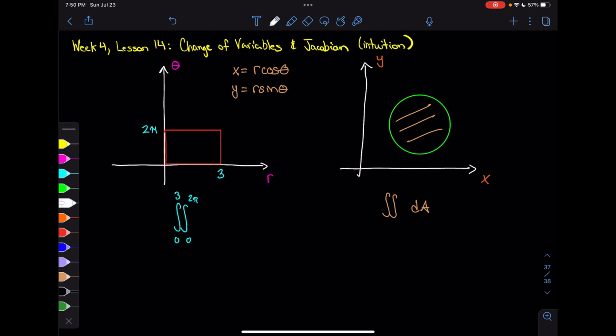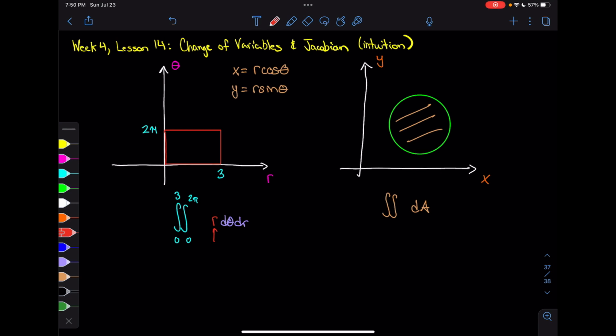And the only price that we pay to do this is that instead of just having dr d theta or d theta dr, the price that we pay is this red little r right here, okay? This is like there was this little extra bit that came with us, okay?